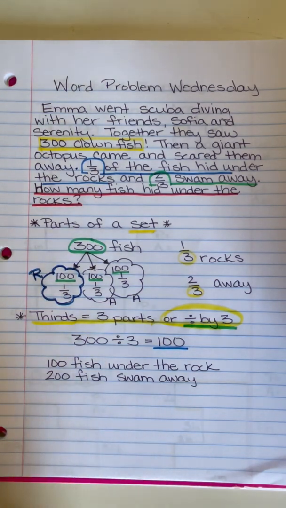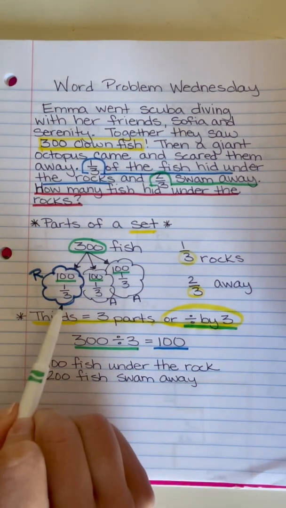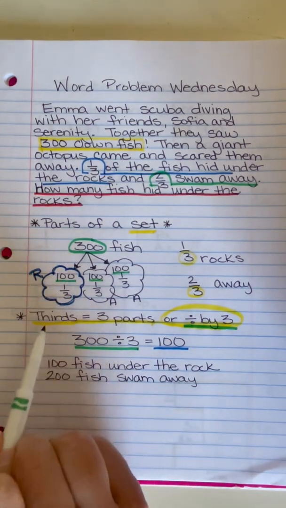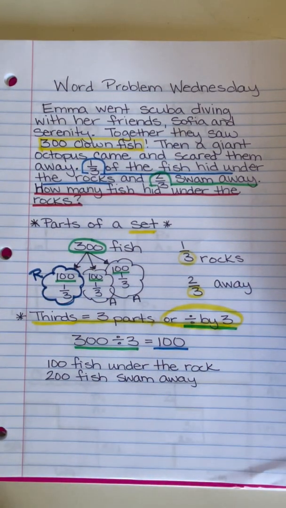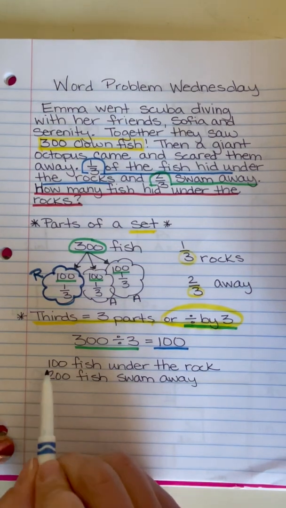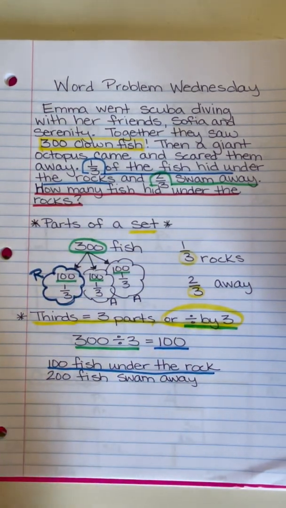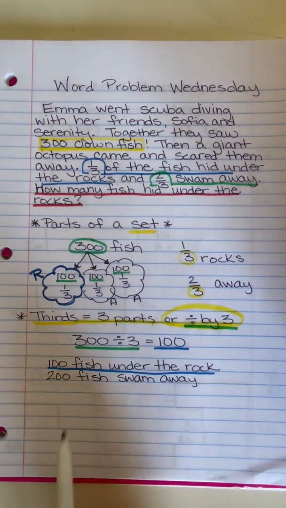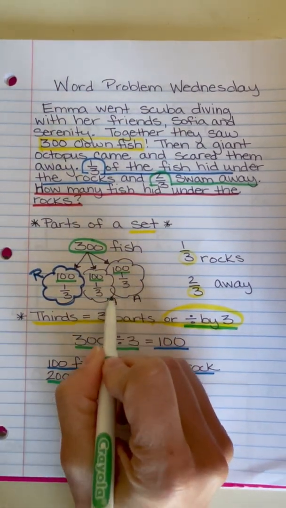So here are my 300 clownfish. I'm dividing them by 3, and I'm getting 100. So this is how many went under the rock. Okay, so 100 fish hide under the rock, and 2/3 of my fish swam away. 200 fish right here. These are my aways.